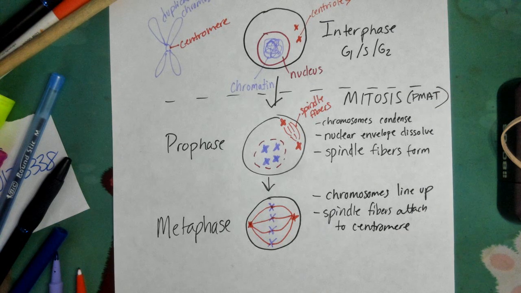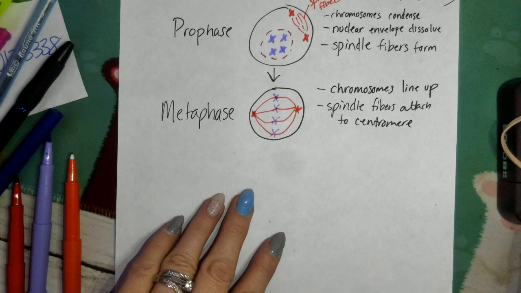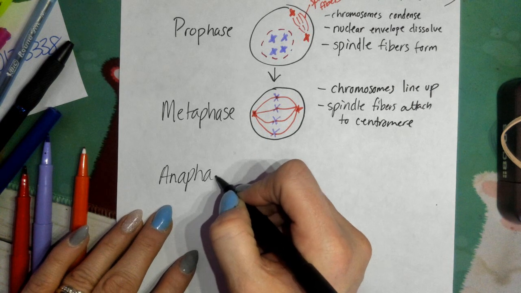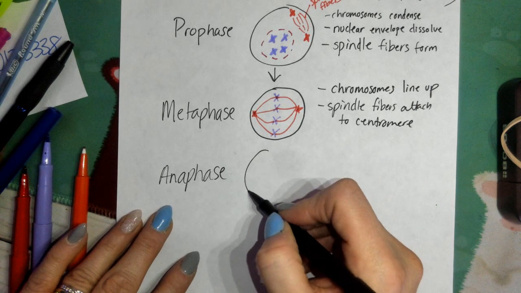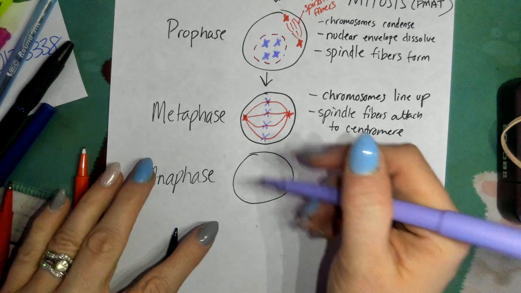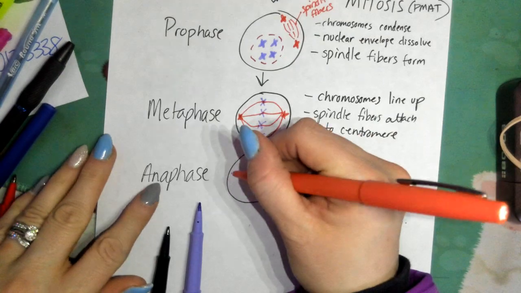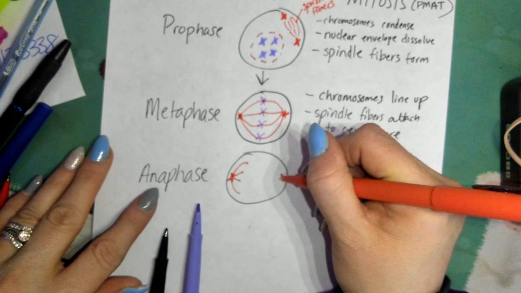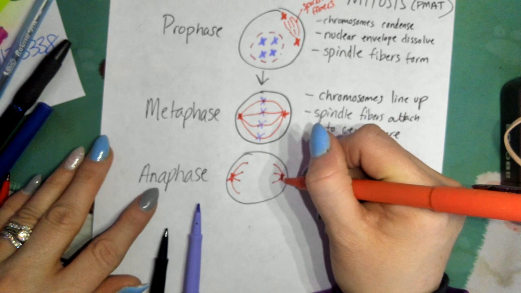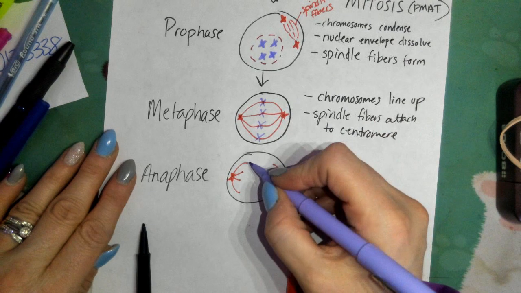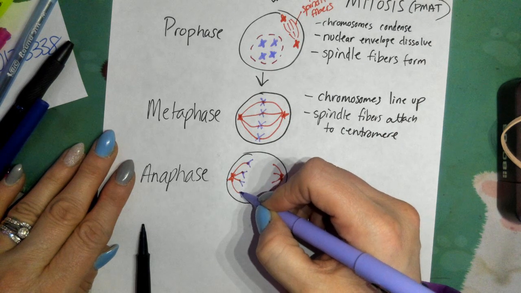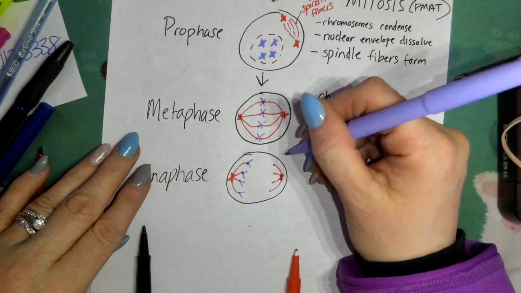Okay. All right, and then after metaphase, now that we have organized the chromosomes, those chromosomes are going to be pulled apart by the spindle fibers. And so it kind of looks like they're being dragged away because they're physically pulling them apart.